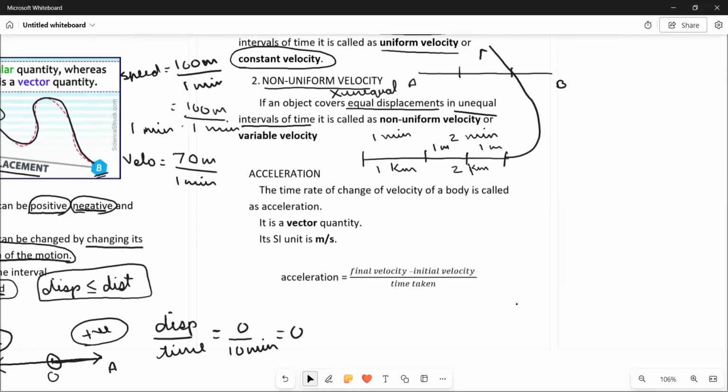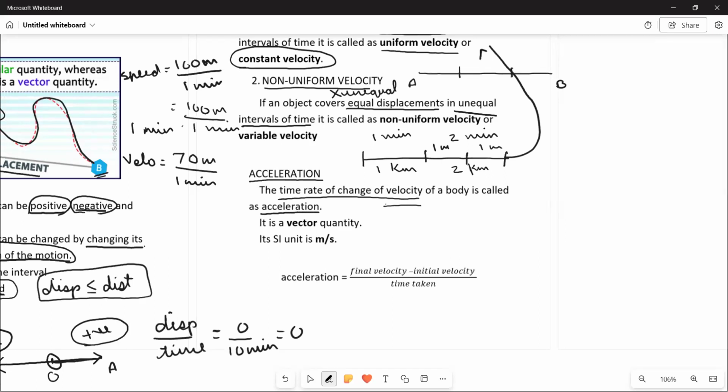So now our next topic is acceleration. It is the time rate of change of velocity. And to measure this change, like how fast or how slow the velocity is changing, we use one term that is called acceleration.